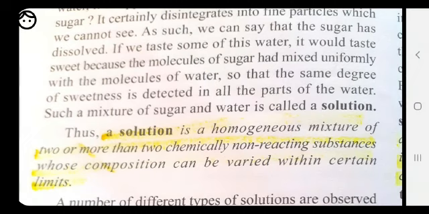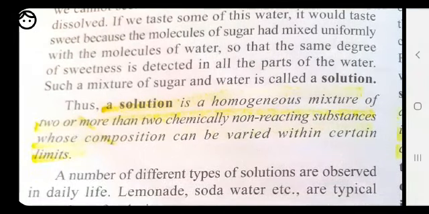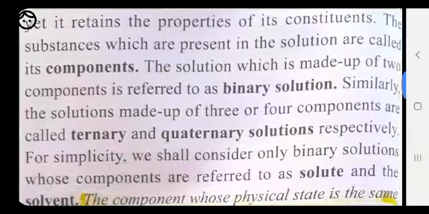Mostly solutions are homogeneous mixtures because whatever substances we use, they mix with each other completely, and on mixing they form a solution. The two or three substances that we add are called solute and solvent. So let us understand what solute and solvent mean.